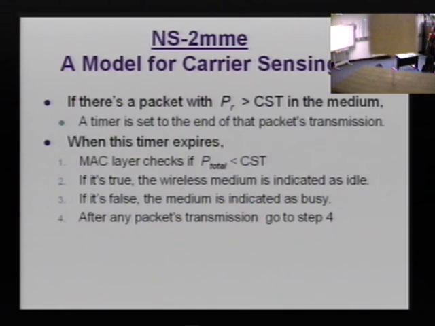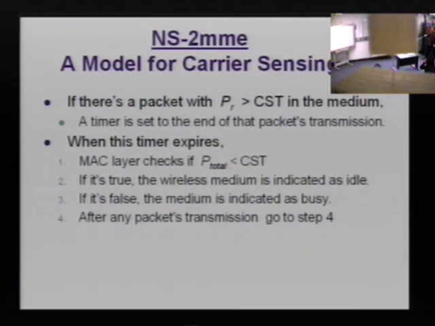We also slightly changed the carrier sensing model in NS2. In standard NS2, carrier sensing is done by single packet power comparisons. So this is what's done in NS2, also in our model. If there's a packet with PR higher than the carrier sensing threshold, a timer is set to the end of that packet's transmission, which will tell you that the medium is busy in that time. Here, this is what we added.